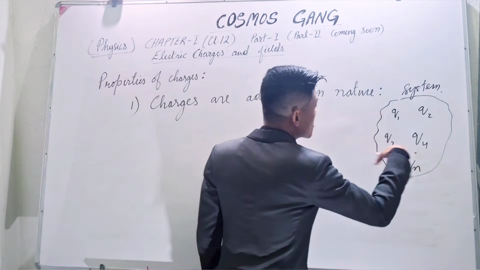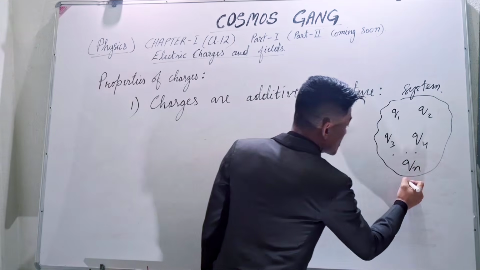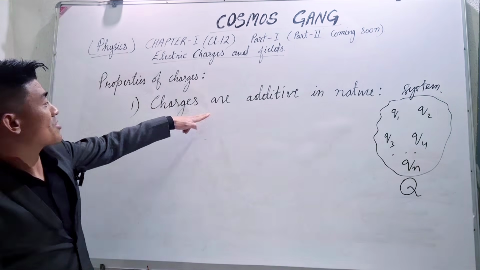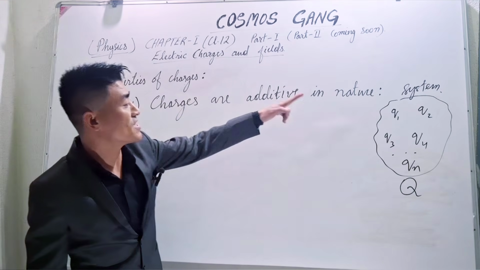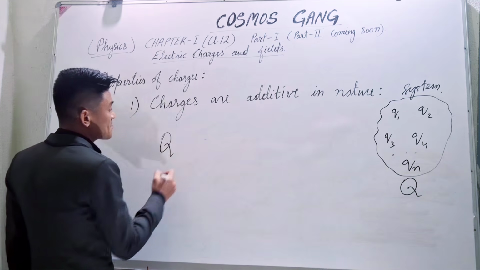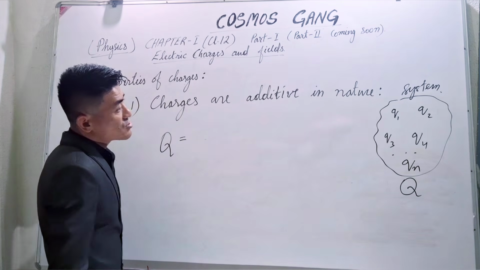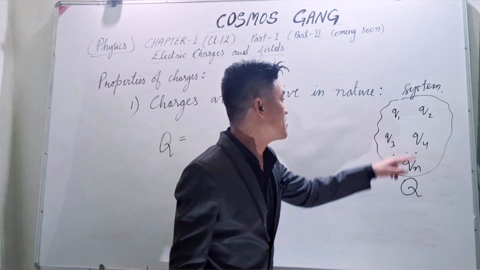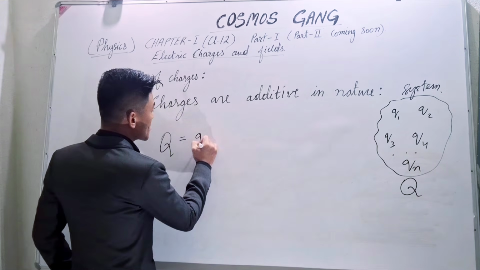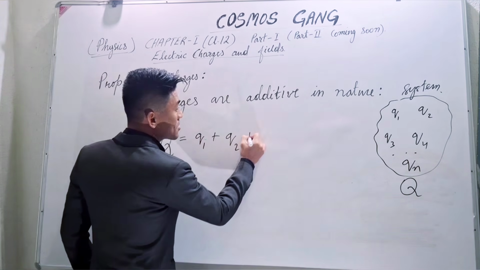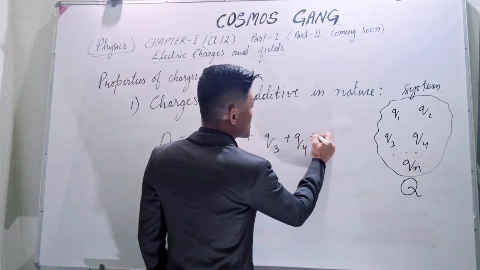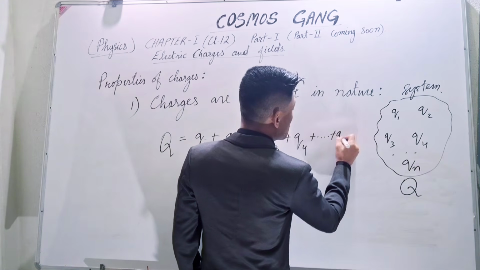I want to get the total charge in this system. Let's say the total charge is Q. Then according to this property, charges are additive in nature. The total charge of the system will be given by the algebraic sum of all the single charges in the system. That is, Q is going to be equal to Q1 plus Q2 plus Q3 plus Q4 plus dot dot dot plus Qn.